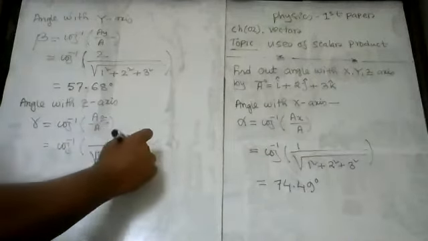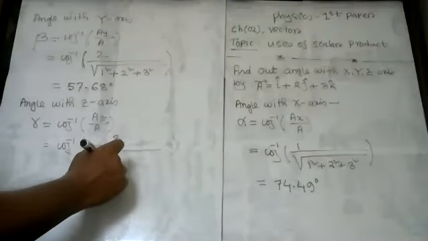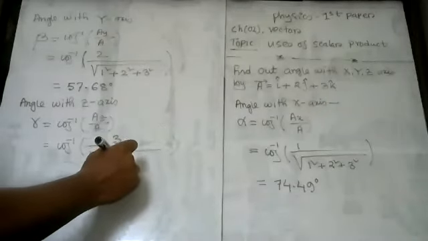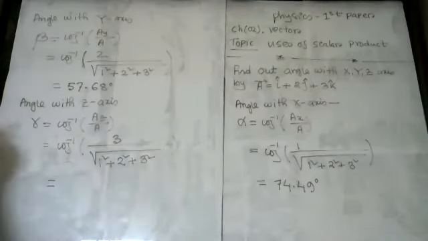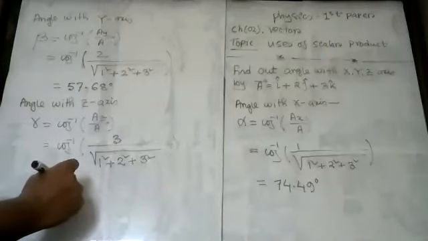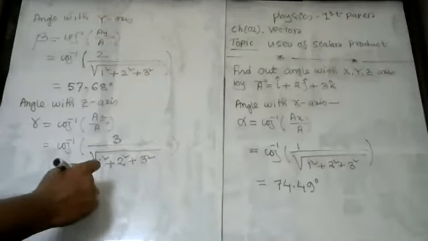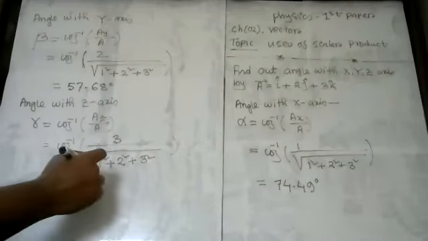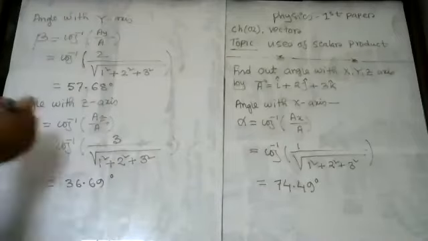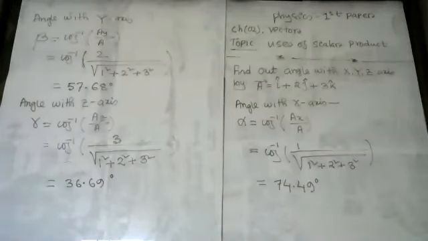And A equal to root over 1 square plus 2 square plus 3 square. So find out the value of gamma. The value of gamma will equal 36.69 degree. So these are the angles with different axes.